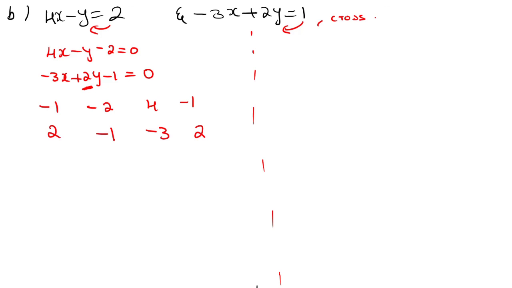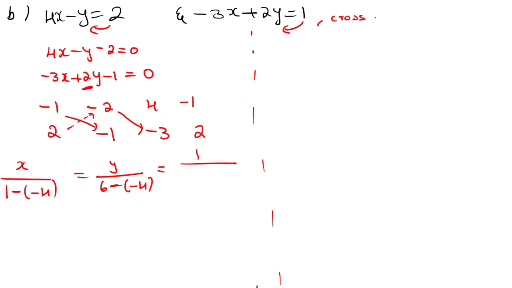Next x divided by, first in this direction, minus 1 into minus 1 is plus 1, minus, this is by the formula, 2 into minus 2 is minus 4, in this direction. Then y divided by, first in this direction, minus 2 into minus 3 is plus 6, minus 1 into 4 is minus 4, equal to 1 divided by, first in this direction, 4 into 2 is 8, minus 3 into minus 1 is plus 3.